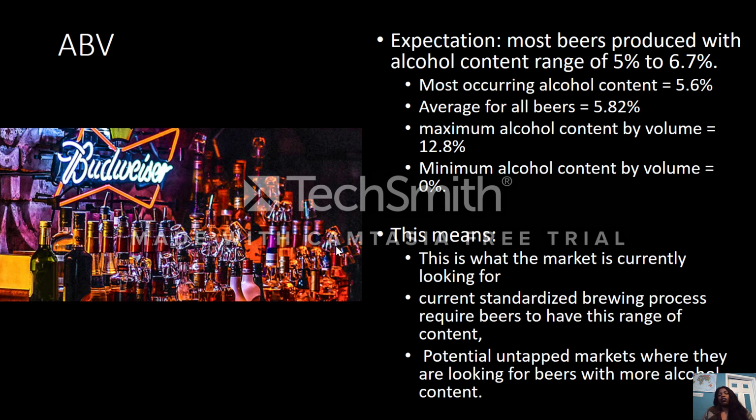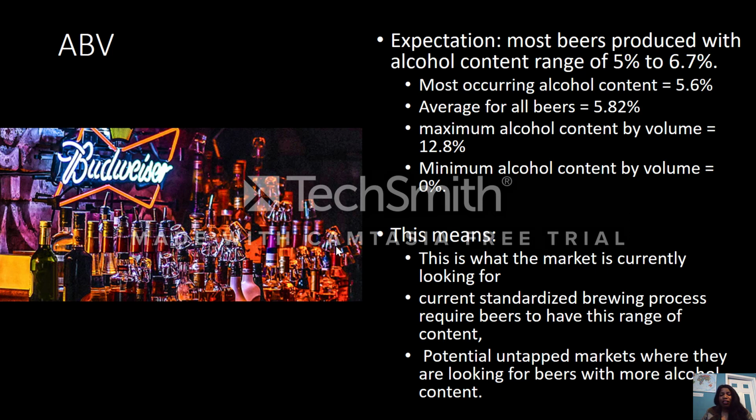We asked ourselves, what does this mean? What does this ABV range of 5 to 6.7% mean? We think that maybe that's what the market is currently looking for, or the standards for the brewing process require that beers have a maximum of 12.8%.